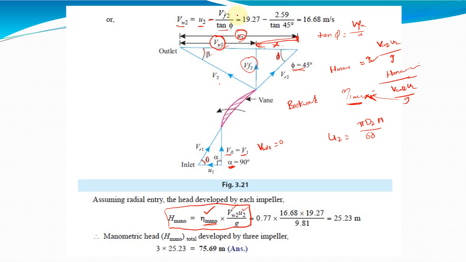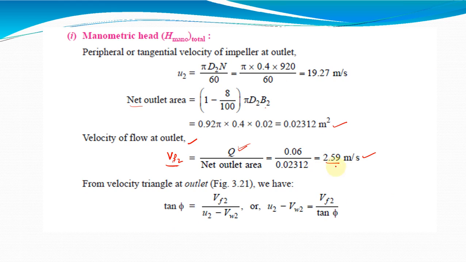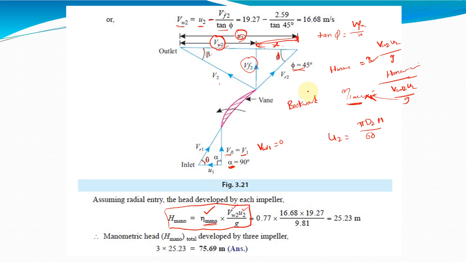VF2 is known, just now calculated as 2.59 meter per second. Tan 45 degrees is 1. So 16.68 meter per second is the whirl velocity at the outlet, right? So U2 and VW2 are known. Manometric efficiency is 77% given in the problem, that is 0.77 as a fraction. So the total head developed by the impeller is 25.23 meters.